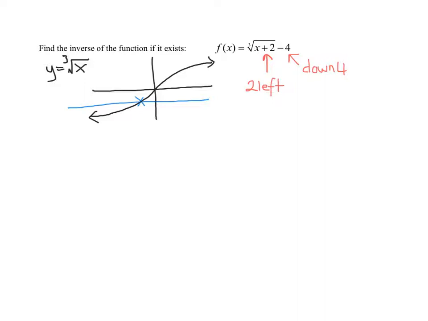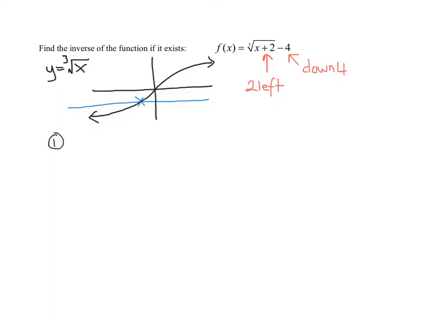And shifting it 2 units to the left and 4 units down, it will still be this one-to-one function, just translated into a different place. Therefore, my original function here, f of x, is a one-to-one function. Therefore, its inverse exists. So now all we have to do is go find the inverse.